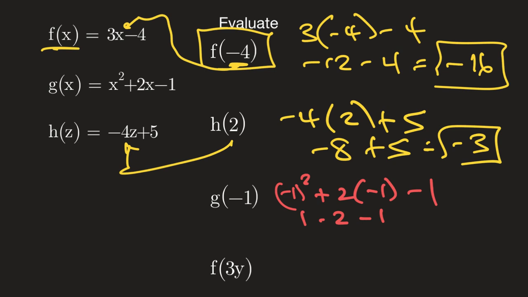What's 1 minus 2 minus 1? 1 minus 2 is what? Negative 1. And what's negative 1 minus 1? Negative 2.